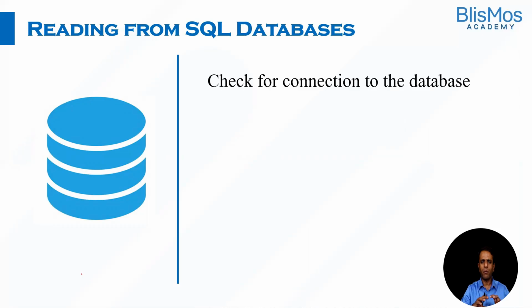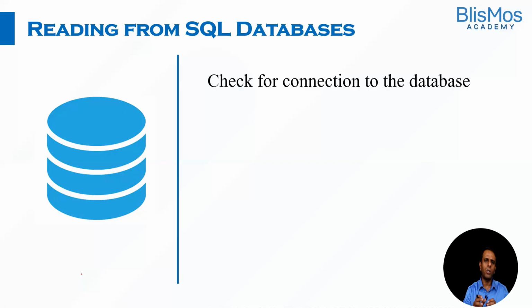Once we provide all the options like the driver, URL, path and all those things, it is very important to check the connection to the database itself, whether the connection is working properly or not. Because as you know, in the big data world, we would have installed a big data ecosystem on one particular server.